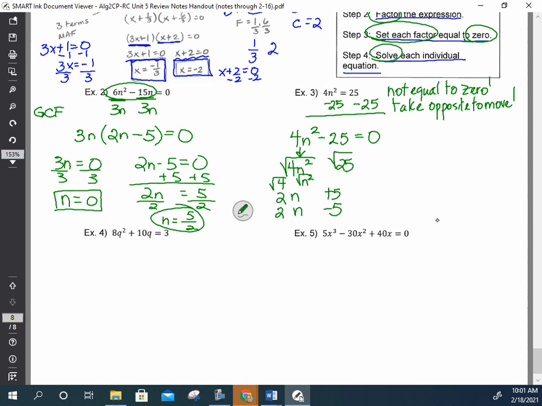So your factored format: 2n plus 5, 2n minus 5. Pause for a second. Any questions before we navigate forward?